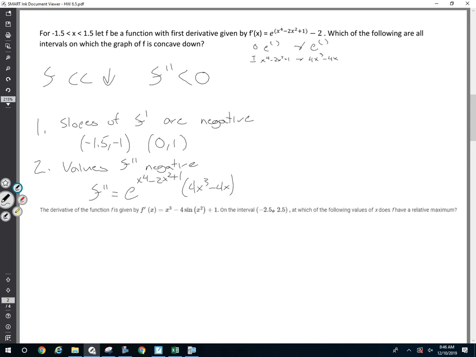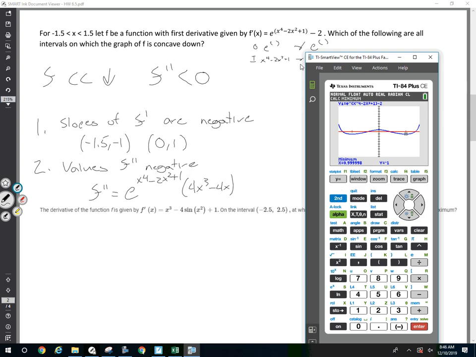Derivative of 2 is 0, so that's gone. We could graph e to the that times that.